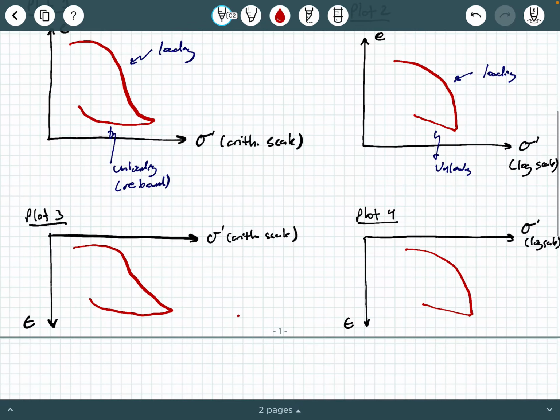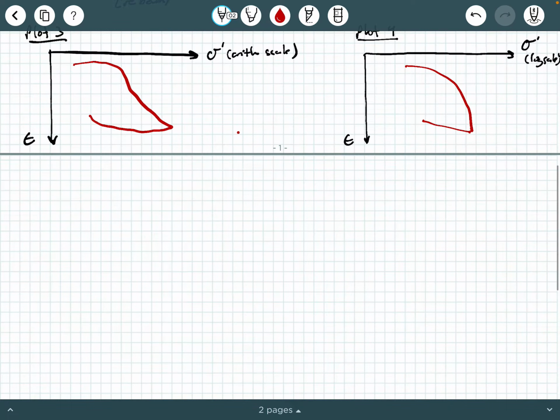Now here's a note we want to make here. I always say be careful, make a note here, be careful with strain versus percent strain. So if you remember, strain can also be expressed as a percentage, and so you would multiply everything by 100.